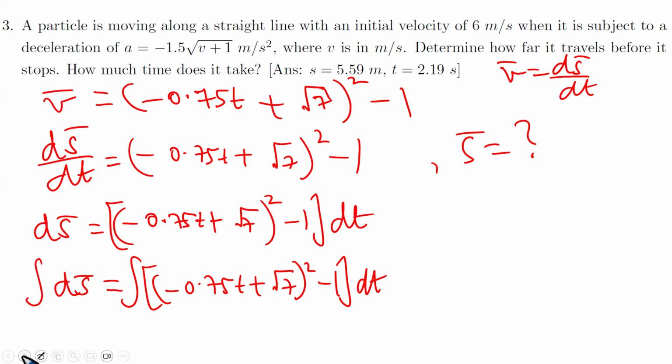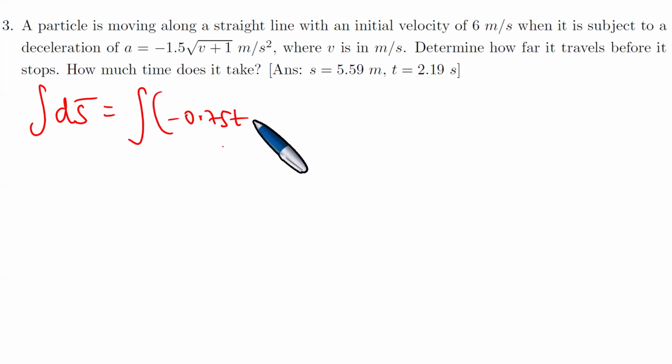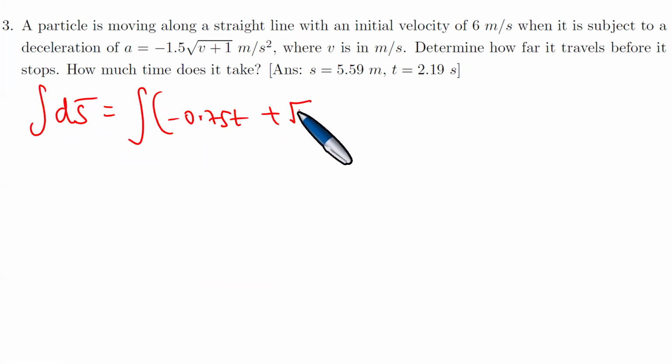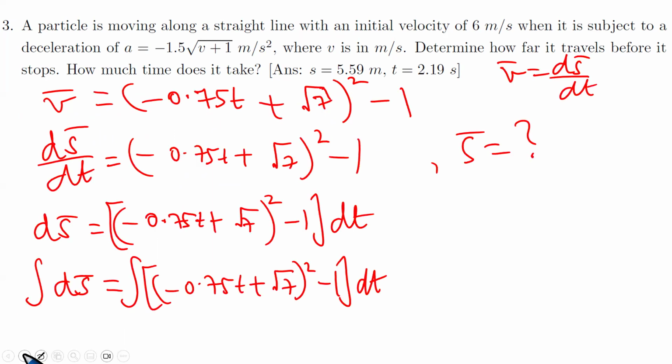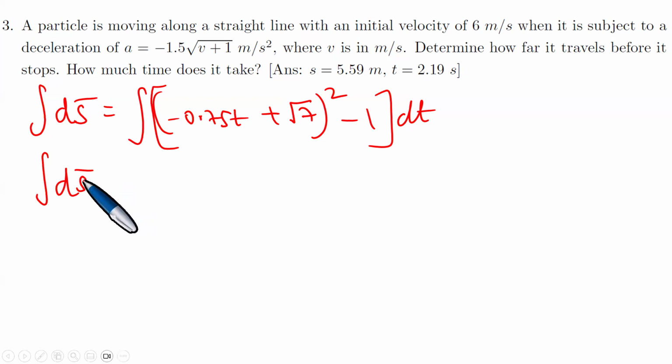But we know that the integral of ds is the integral of minus 0.75 t plus the square root of 7 minus 1 dt. Okay, so we can integrate ds. So we're continuing here with the integration. Just need to integrate this one.